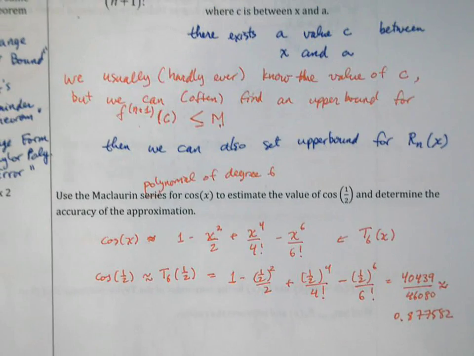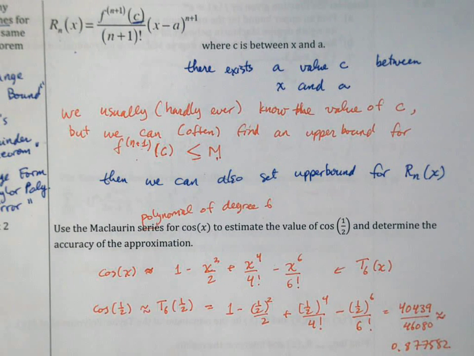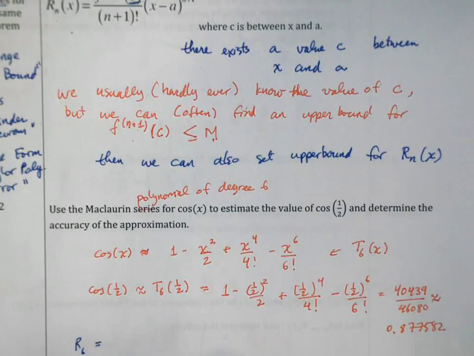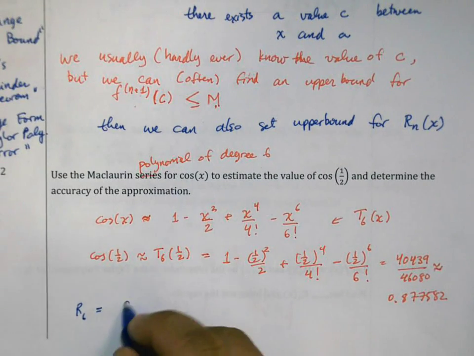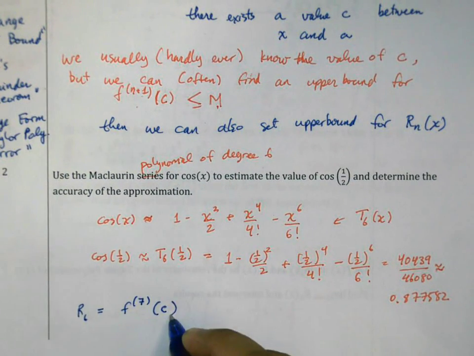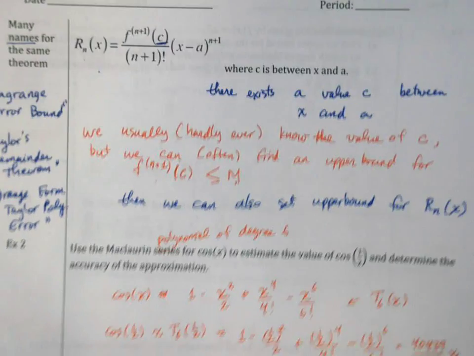Now let's look at our error, and we're going to use the Lagrange error remainder, or the Lagrange error bound here, and say that, applying just the theorem that we talked about before, the Lagrange R of 6 here is equal to the n plus 1 derivative, so the 7th derivative, of some number c that we don't know, over n plus 1 factorial.